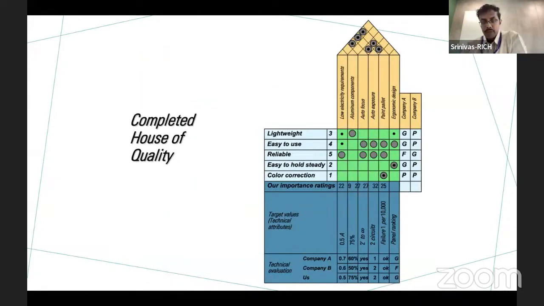Yeah, here. Okay, so functionally this is there, but now you break this function down into technical specification. That is low electricity requirements. By that, what I wanted to convey is that it should be less than half amp power consumption. When I say aluminum component, I say that okay, it has to be less than 75% of the weight of current product. Autofocus between 2 feet and infinity.